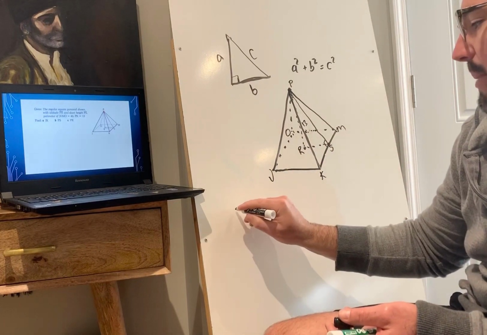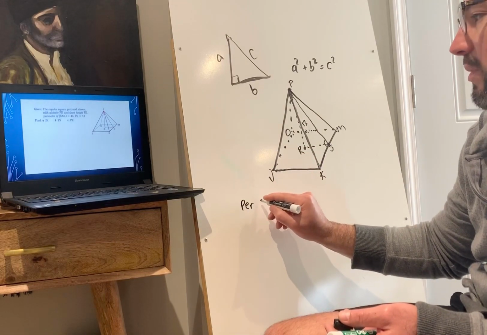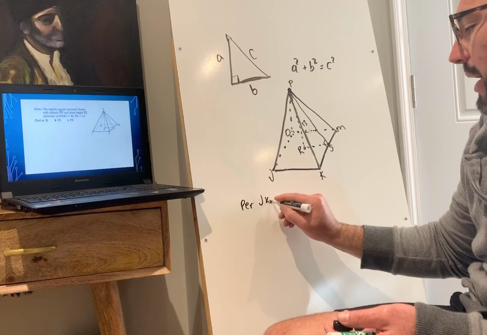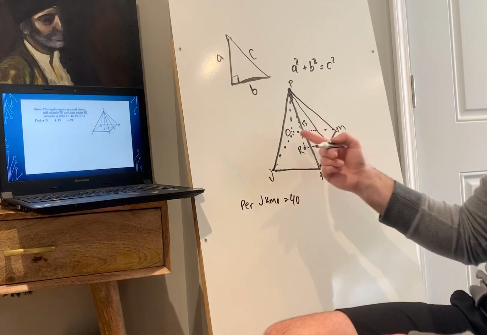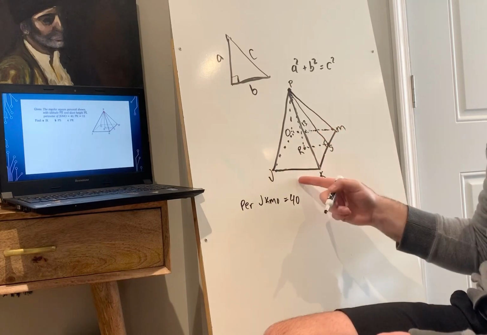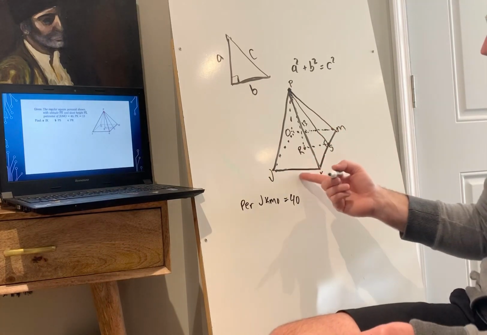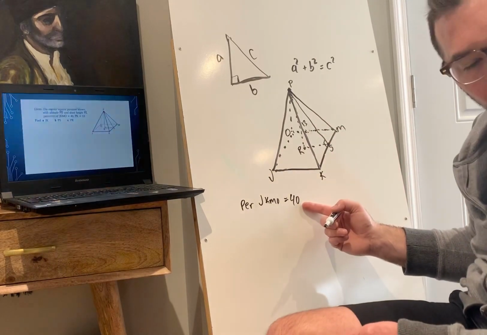All right, what else is given? I know that the perimeter of the bottom here, the perimeter of JKMO, equals 40. Now, if this bottom is a square, that means that every side here is congruent because it's a square. And so there's 4 sides that make up a square. The perimeter is 40.